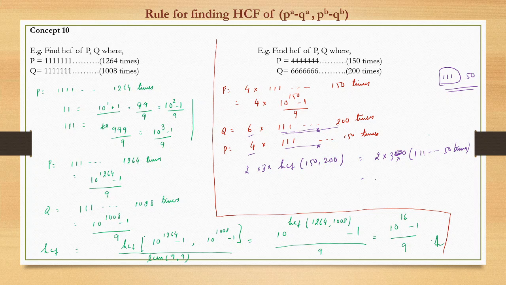So it becomes 6 into 111 written 50 times. This is the answer. Right.